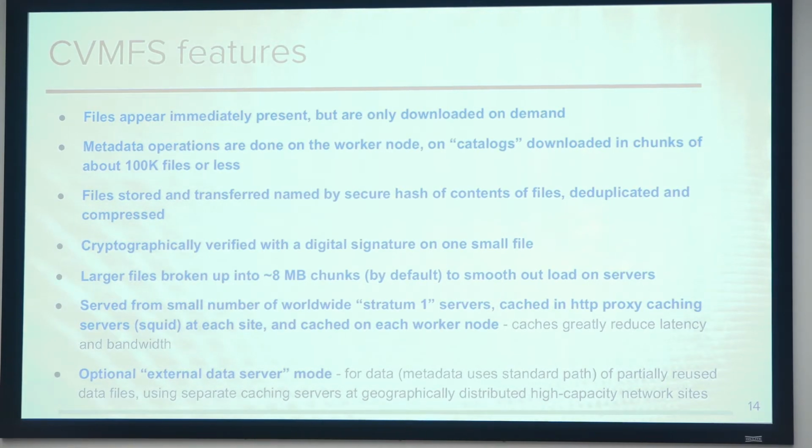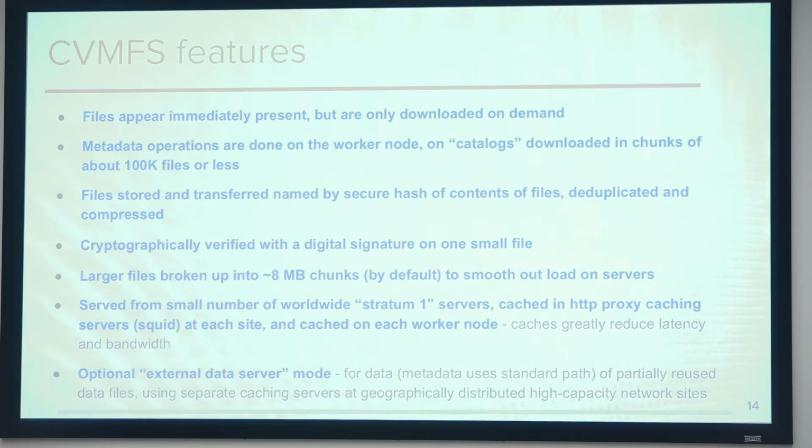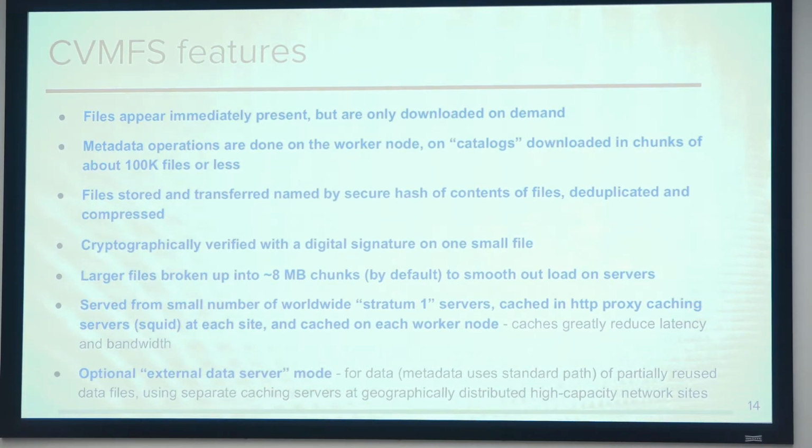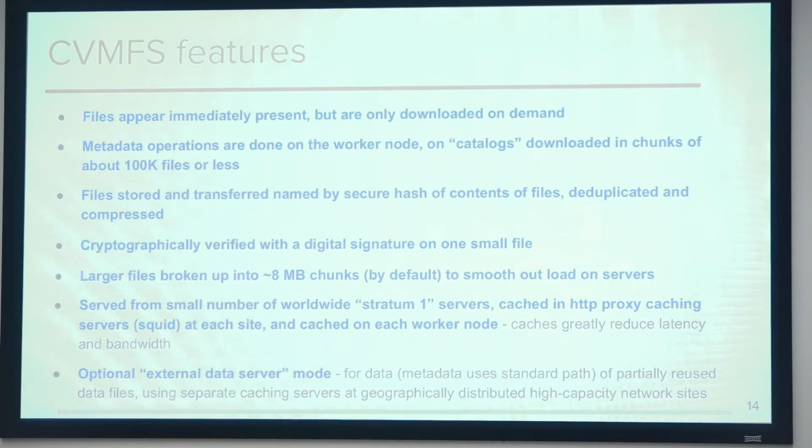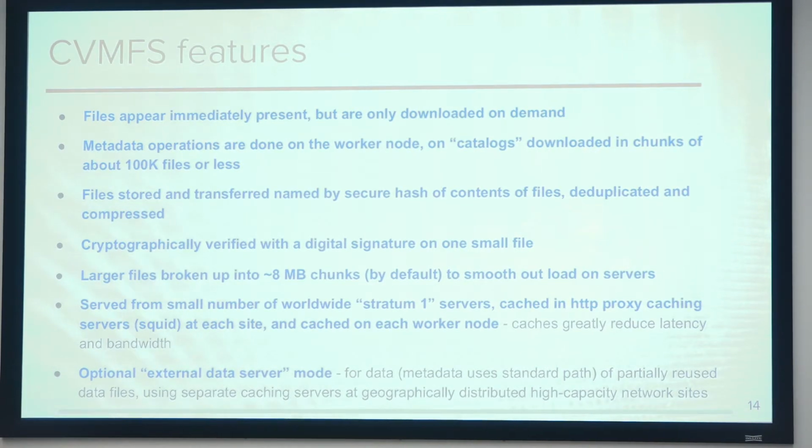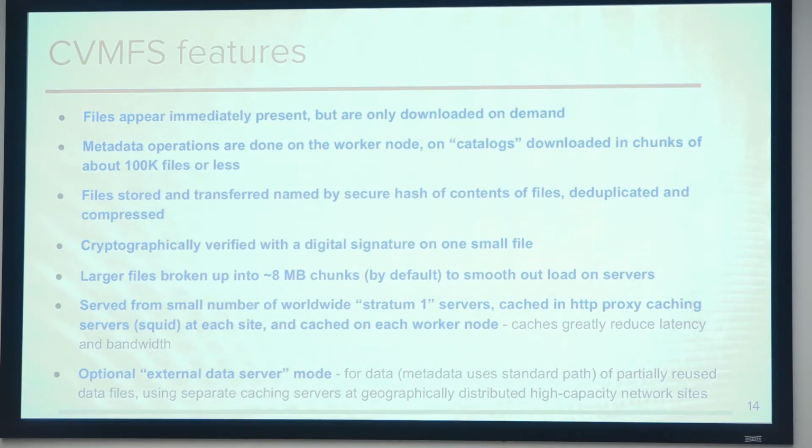As I said, they're immediately available. They look like they're immediately there, and the metadata operations are all done on the worker node, on a catalog. Whenever you try to access some files, it will download a catalog, which is actually an SQLite file, all behind the scenes, and then it points to the names of the real files.